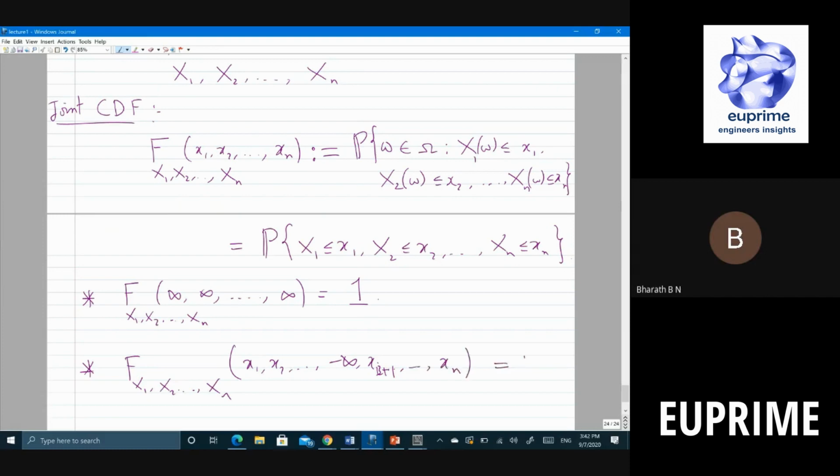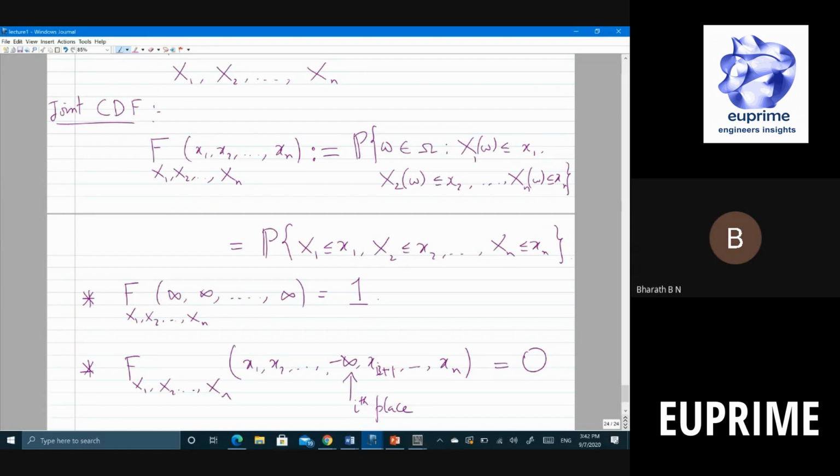What can you say about this? There is minus infinity at the ith place, at least one place. What do you think is the answer? It will be 0, sir. 0, right? Why?